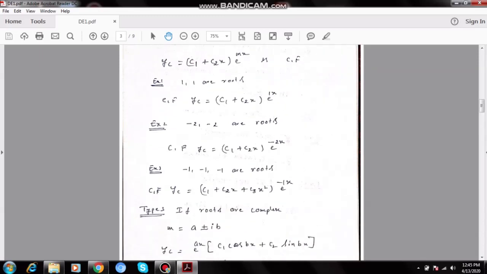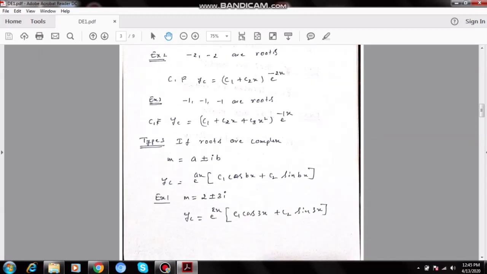If the root is repeated thrice, minus 1, minus 1, minus 1 are the roots of the auxiliary equation, then the complementary function will be (c1 plus c2x plus c3x square) into e power minus 1x. Note the difference: when the roots are repeated twice, we write c1 plus c2x. If it is repeated thrice, we write the complementary function as c1 plus c2x plus c3x square.